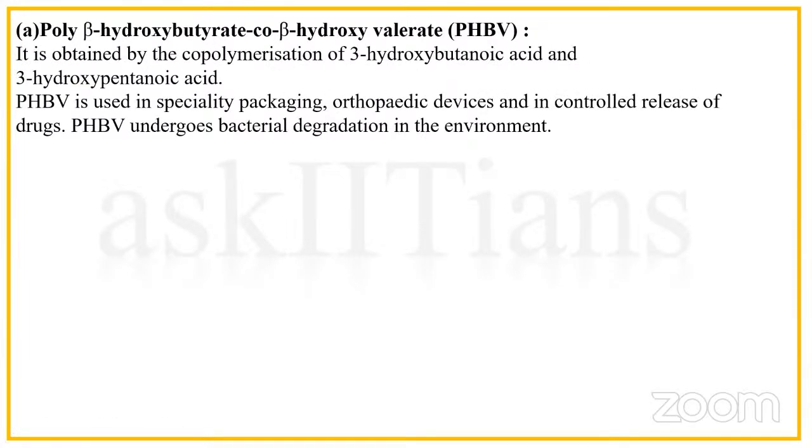It is obtained by the copolymerization of 3-hydroxybutanoic acid and 3-hydroxypentanoic acid. When we copolymerize them, we get PHBV, and it is used in specialty packaging, orthopedic devices, and in controlled release of drugs. PHBV undergoes bacterial degradation in the environment, so that's why it is a biodegradable polymer.